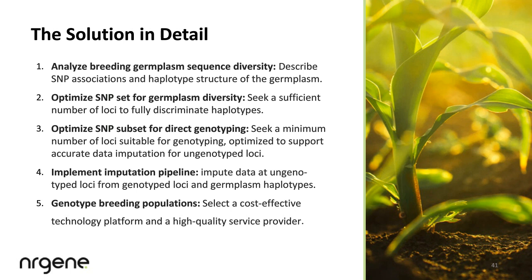There has to be an imputation pipeline in place, and it simply takes the data from the genotyped loci and imputes data for the ungenotyped loci. And of course, it's important after all of this to select an appropriate cost-effective technology platform and a high-quality service provider. And we've seen some examples of both of those in the previous talks. So that's the basic sequence of steps that has to be followed.